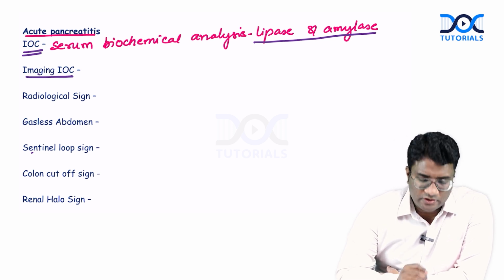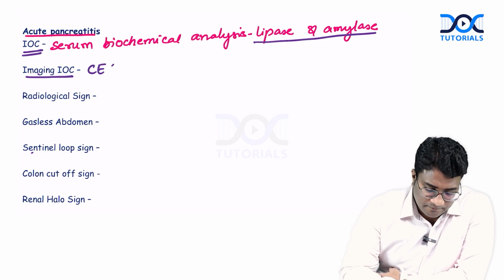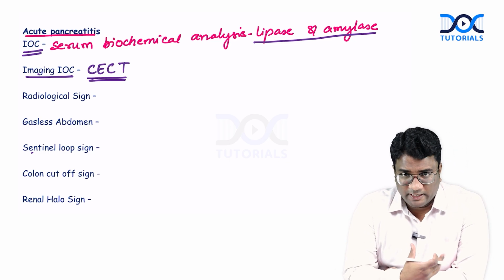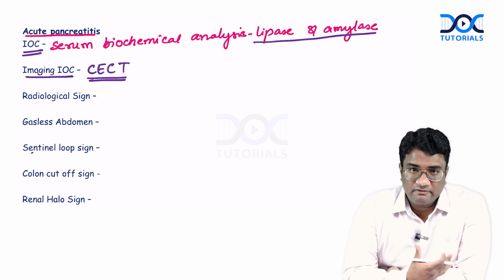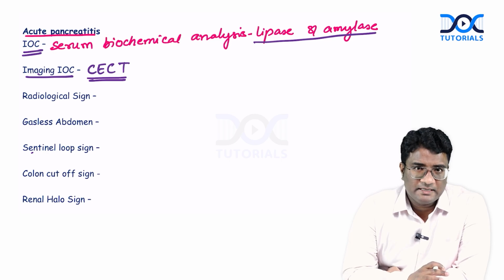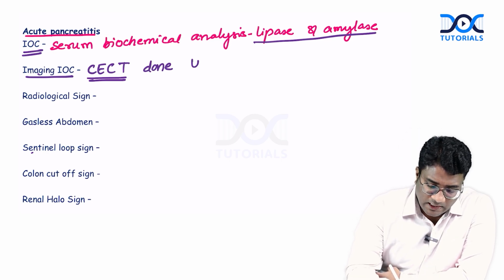The imaging investigation of choice to look at acute pancreatitis is CECT. CECT is mainly done to know the amount of necrosis in the pancreas and to look at the complications and severity of pancreatitis, rather than for diagnosis in the acute condition.